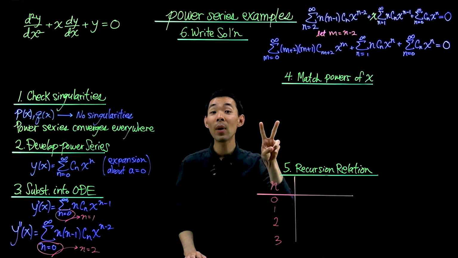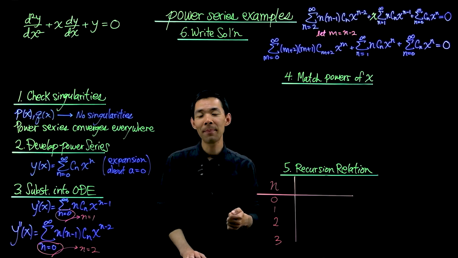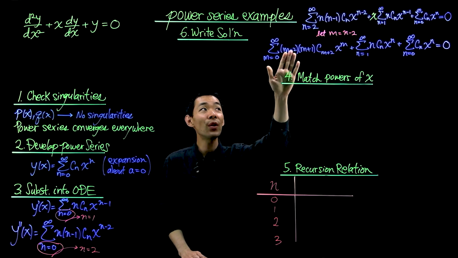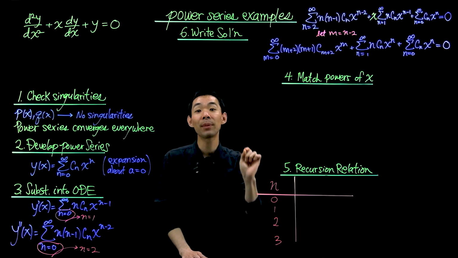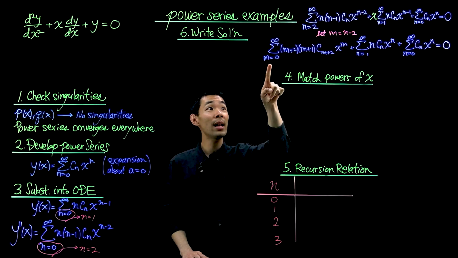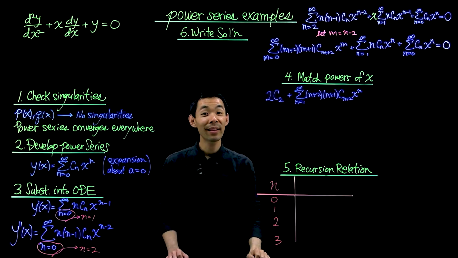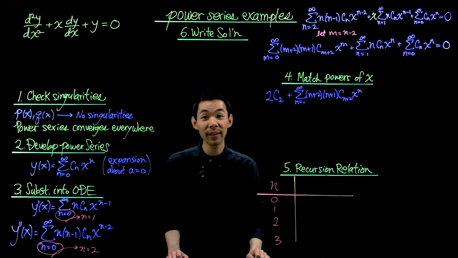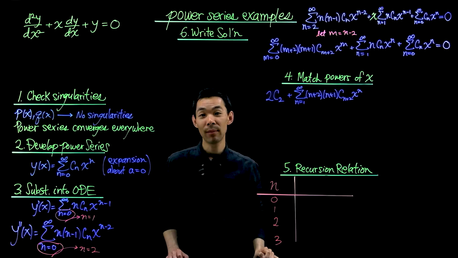So there's two ways to solve this problem. One way, which is kind of the brute force way, is to just write out the first term in the summation explicitly. So for example, for this first term, you can just write out the case where n is equal to 0. Just like that. So I've written out explicitly the index for n equal to 0.